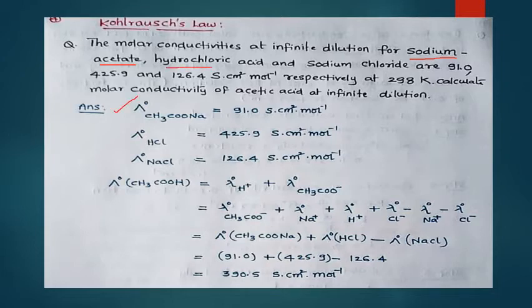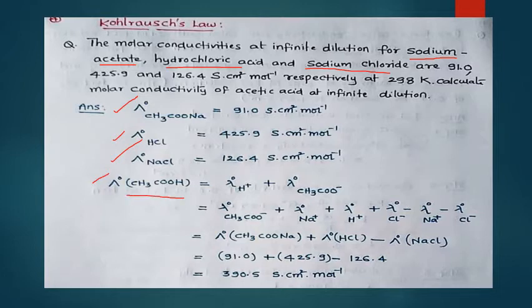So lambda naught or molar conductivity at infinite dilution, this is the value. Next one, sodium chloride, the formula NaCl. This is the data. But calculate molar conductivity of acetic acid at infinite dilution. That means we are going to calculate lambda naught of CH3COOH.